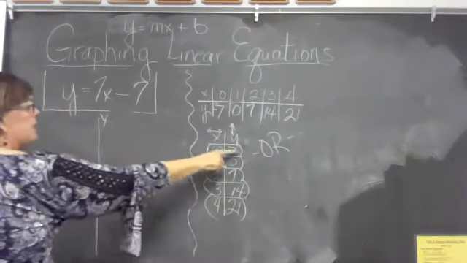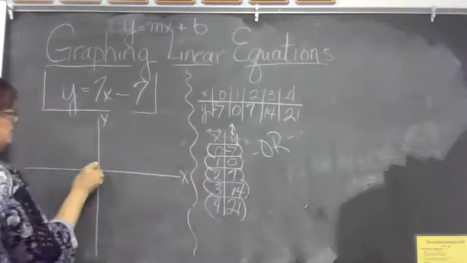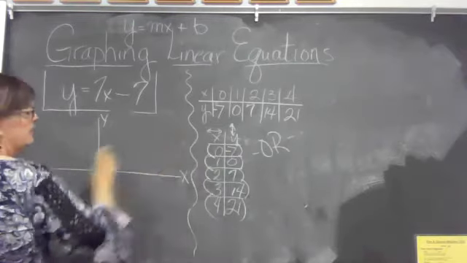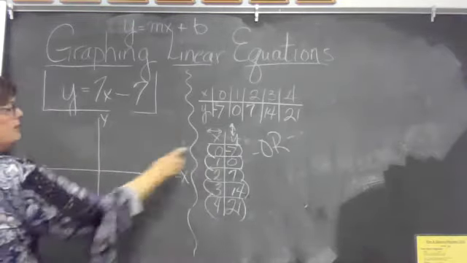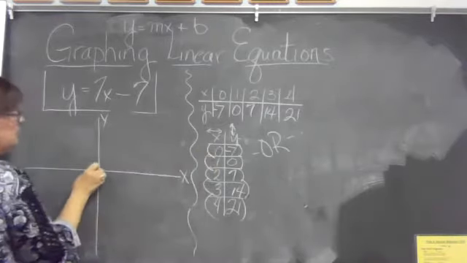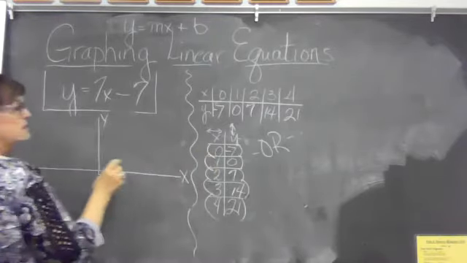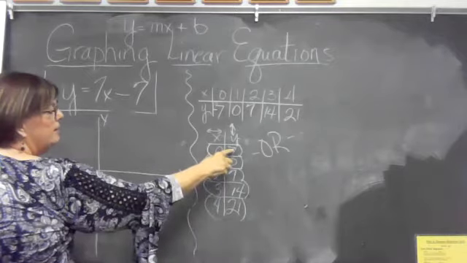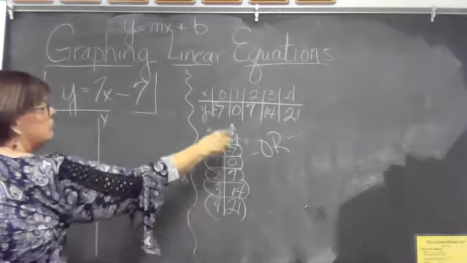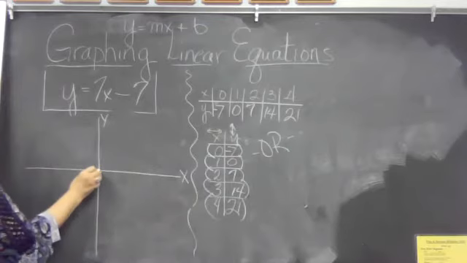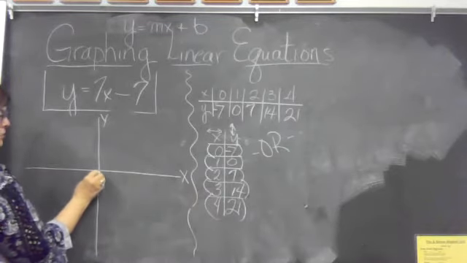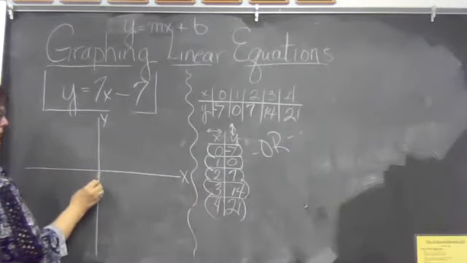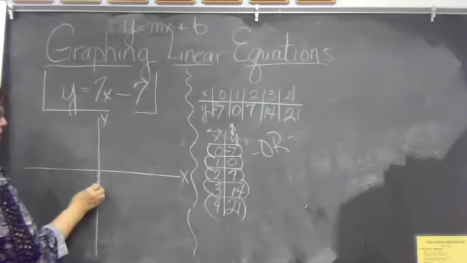This point says start here, and on the x-axis I don't move any, so I'm still here. Then when I get to the y, this negative 7, I need to go up and down from here. If it's negative, I go down 1, 2, 3, 4, 5, 6, 7. So here's my first point.